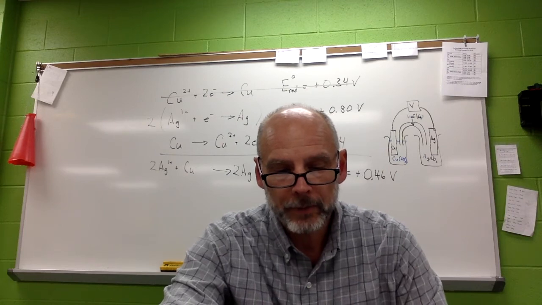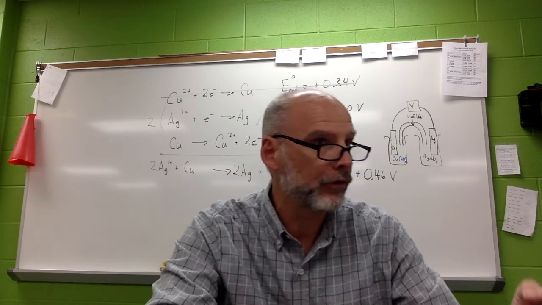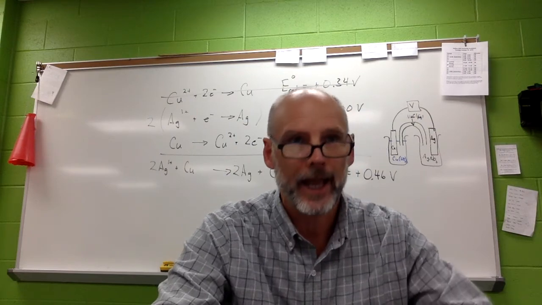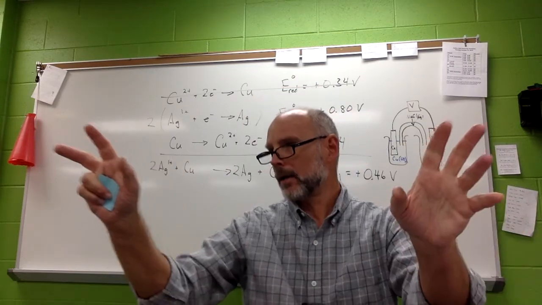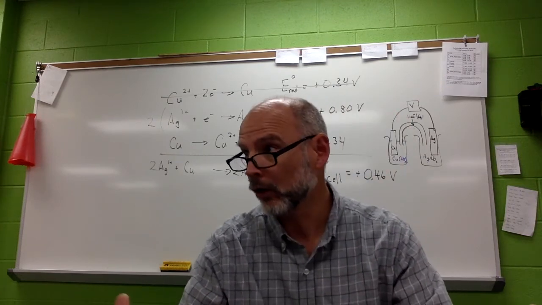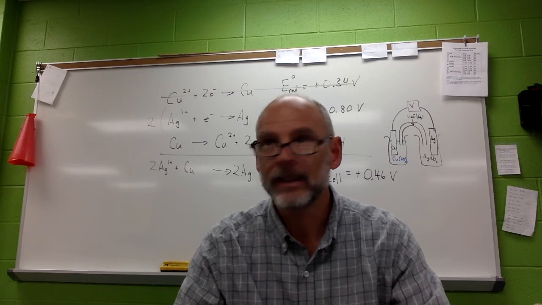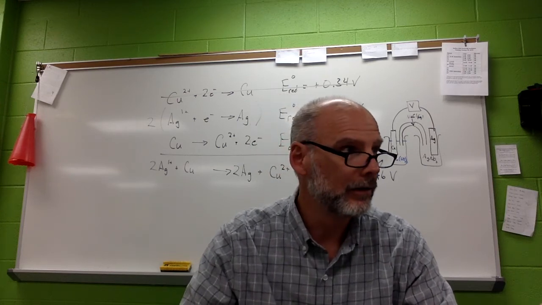So the more positive the reduction potential, the more easily reduced it is. Therefore, it's a stronger oxidizing agent. Think about it this way. It's a fight for the electrons. Fluorine's going to win. Okay? In fact, it's going to beat everybody.